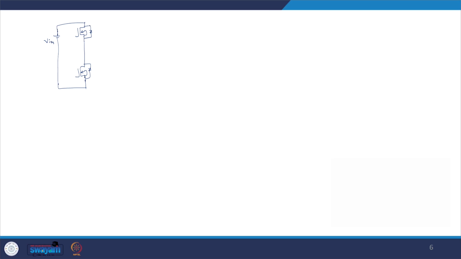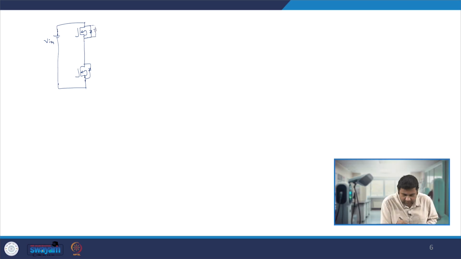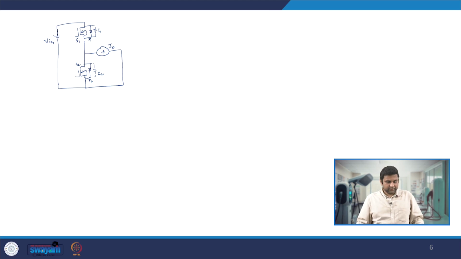See, this is our source, this is S1, this is S2, this is D1, D2, and the output capacitances C1 and C2, and this is driven by a current source, something like this.